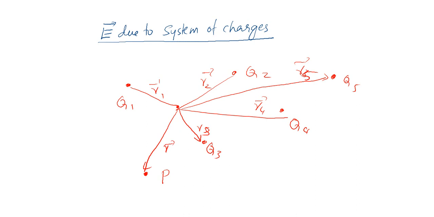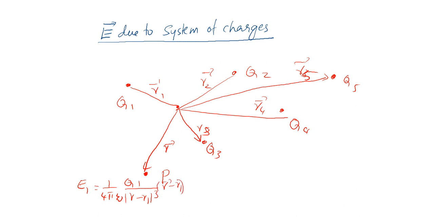Then the field due to q1, denoted by E1, is equal to 1 by 4 pi epsilon 0 q1 divided by mod r minus r1 whole cube into r minus r1.